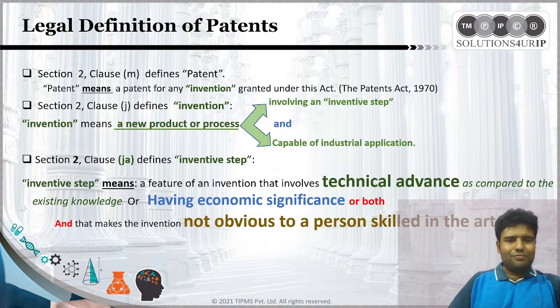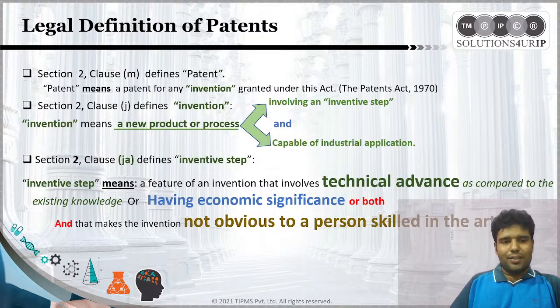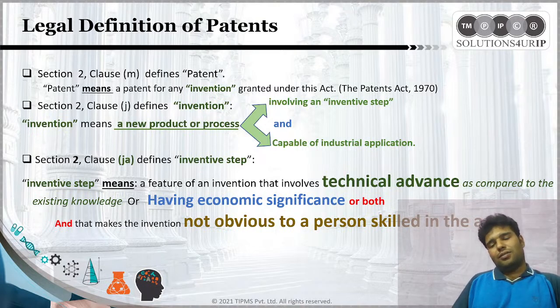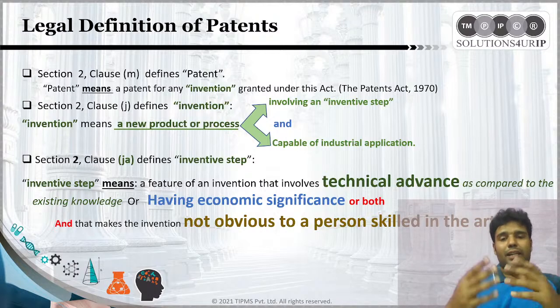I really appreciate it. But remember this in your exams, that you have to refer to the sections, only those important sections. All the Patents Act sections need not be remembered. As far as definitions are concerned, you must write exactly what the definition is. Other portions of the sections, if you cannot replicate exactly the language of the section, you can write what the section exactly means, what the section relates to.